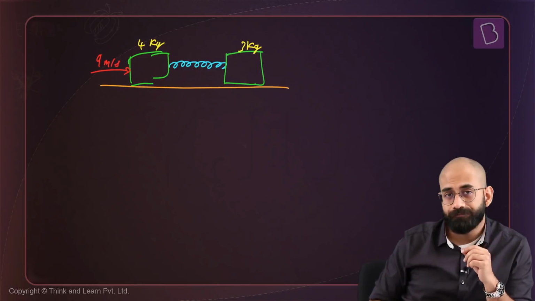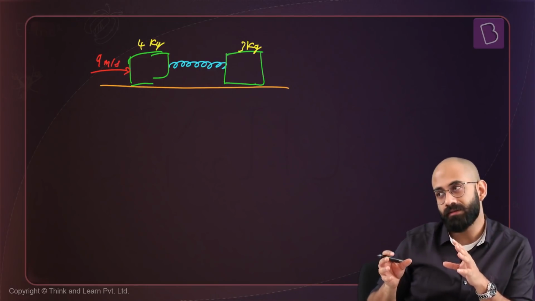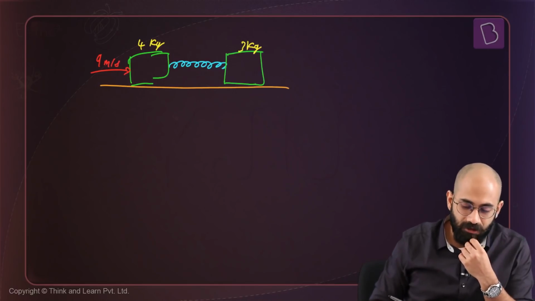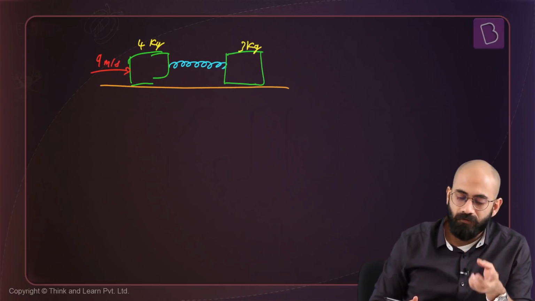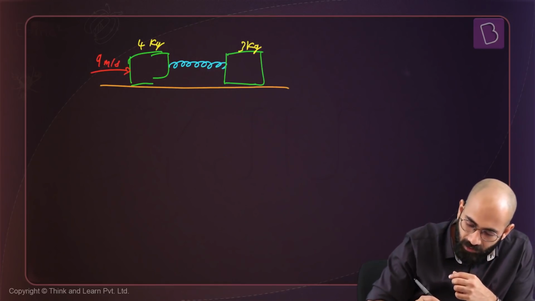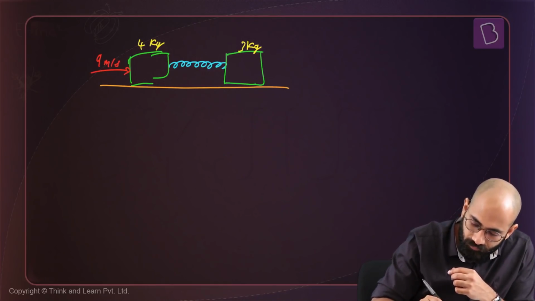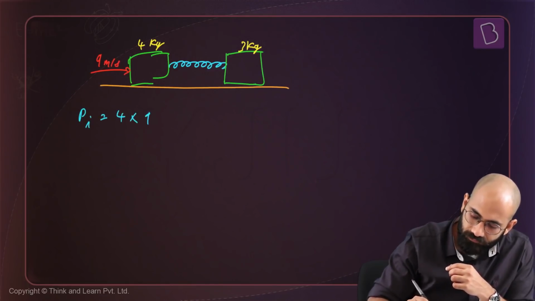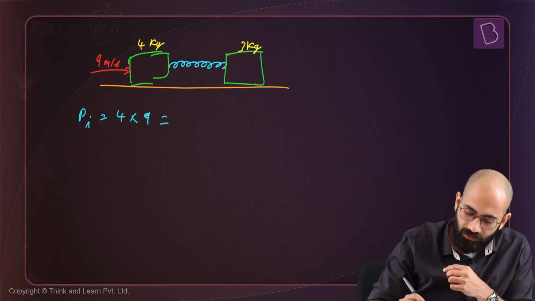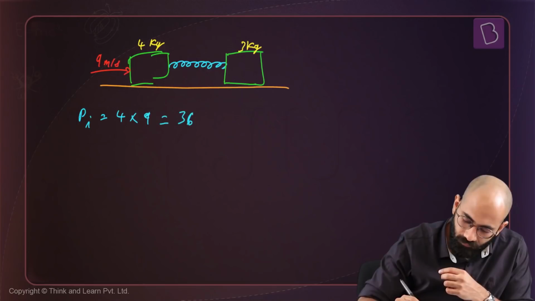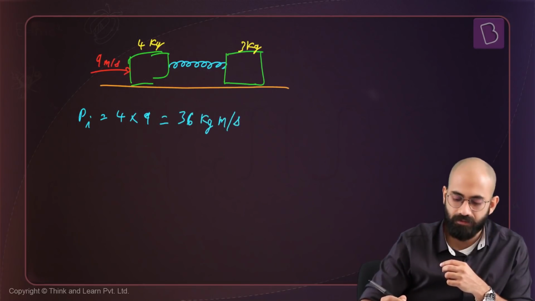How do we find that speed where both of them are at rest with respect to each other? So basically they're at the same speed. We can conserve momentum because initially only the 4 kg block is moving, right? So the initial momentum, Pi, will be equal to 4 into 9, which is 36 kg meter per second.